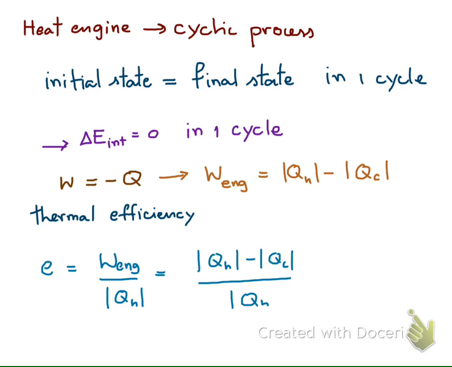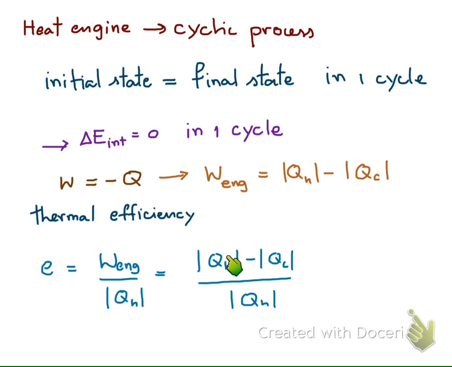Q_H. Please notice that we use the absolute value here because we just want to know the amount of work and heat that we enter to the system and the heat that is wasted to the environment. So we just want to know the amount, and we will manage the sign in our algebraic manipulation ourselves.